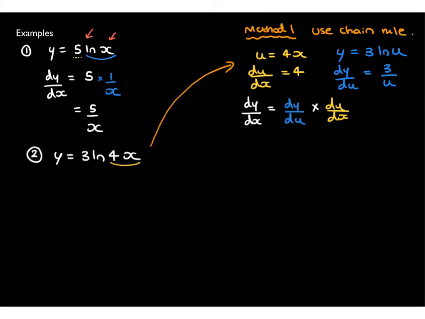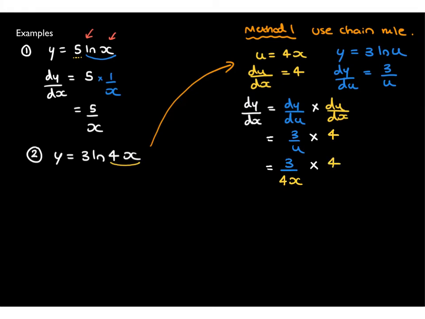So what can I substitute in? Well, I know that dy by du is 3 over u, and then I can replace du by dx with 4. But what I'm now going to do is replace u with what we know u is in terms of x, and it's 4x. So I've got 3 over 4x multiplied by 4.